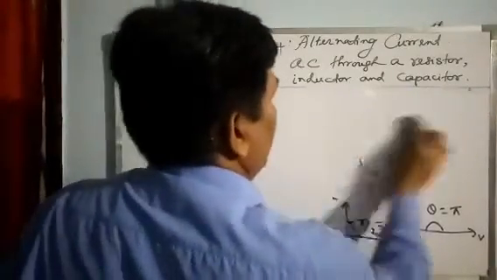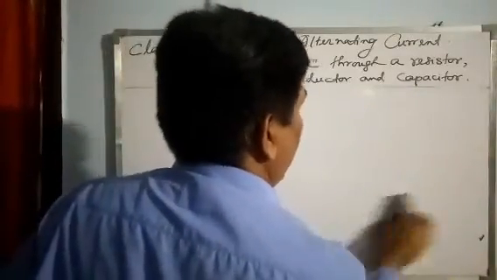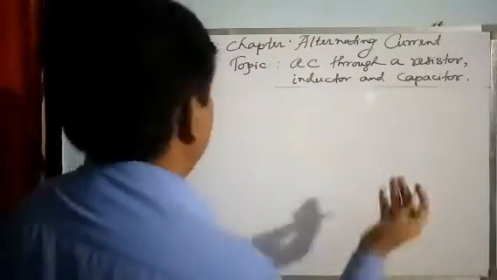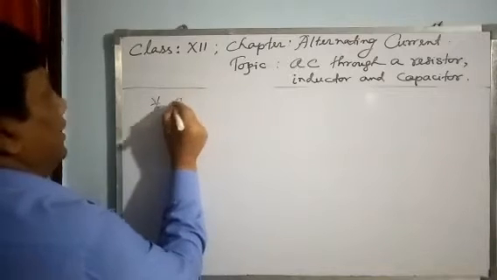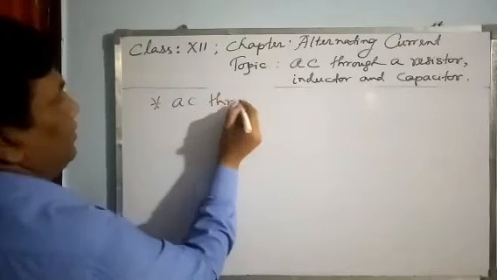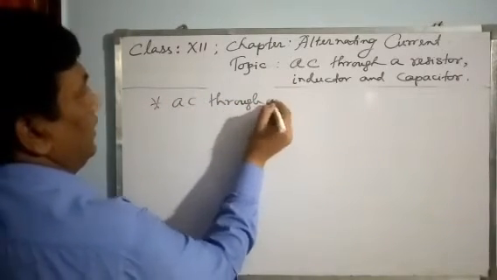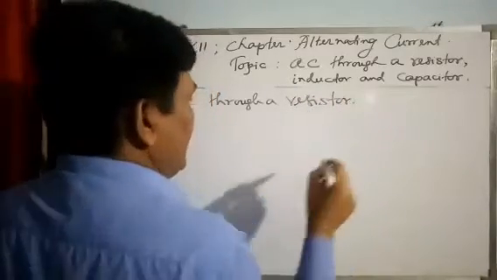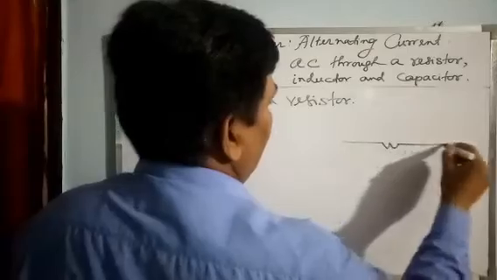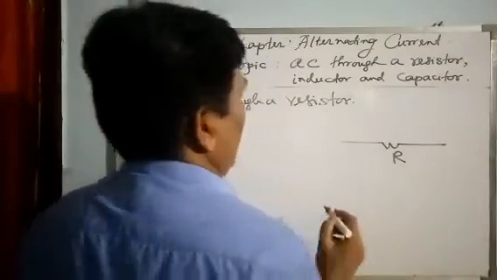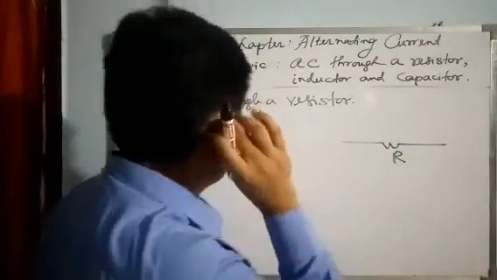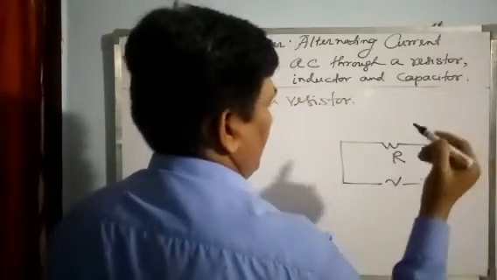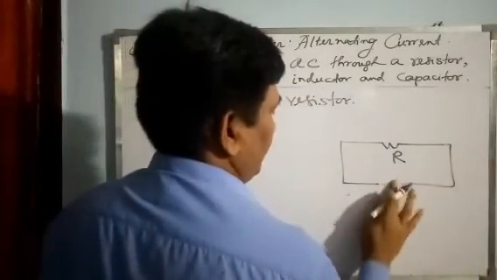Now I am going to discuss AC through a resistor. That expression only we are going to derive. Write the heading, beta: AC through a resistor. Say I have nothing but a resistor in a complete AC circuit.